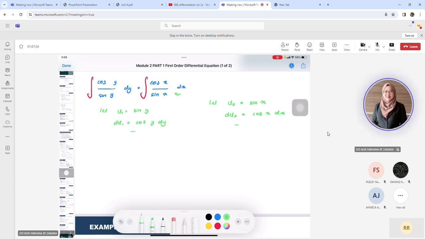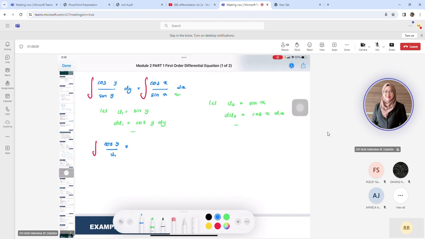So it will be easy for you to integrate. This one we replace with u1, because we already replaced u, so our dy will not stay as dy. It needs to have a variable of u.